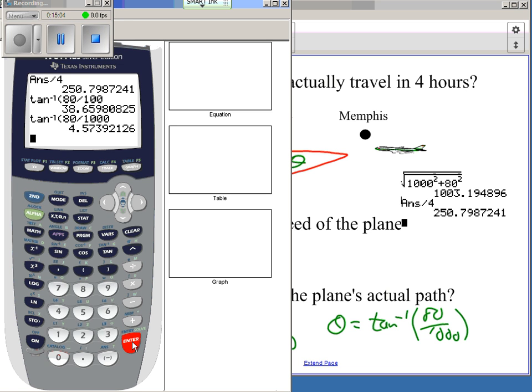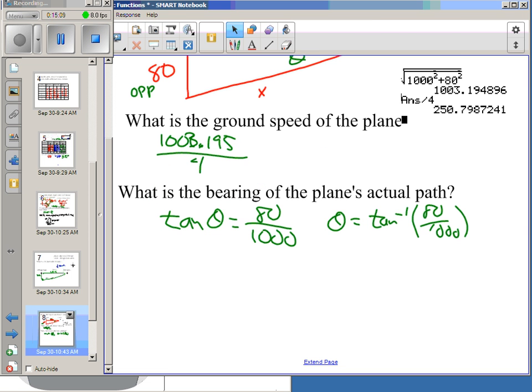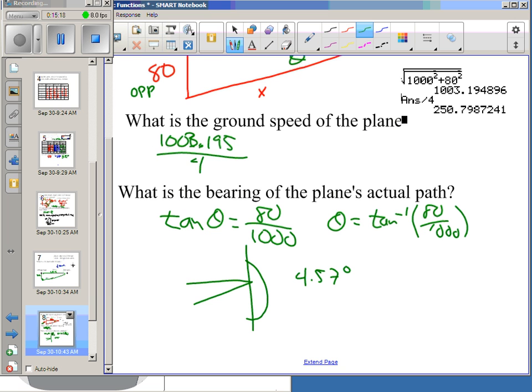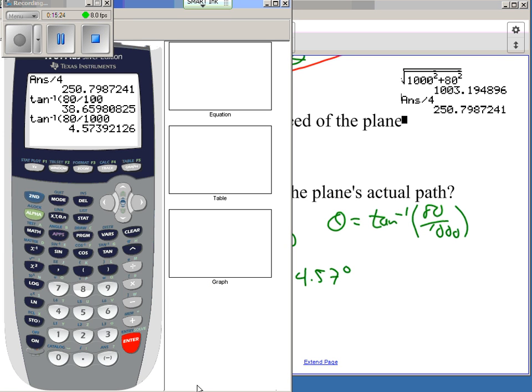Need one more zero. 4.57 degrees. Okay. Now that's the angle below 270. I want the bearing, and if I know this is 4.57, I take 270 and I subtract, or I can say negative that answer plus 270. And I get a bearing of 265.4.